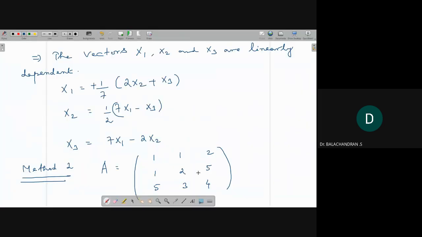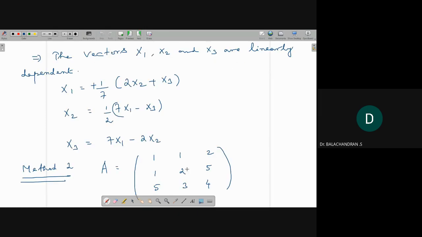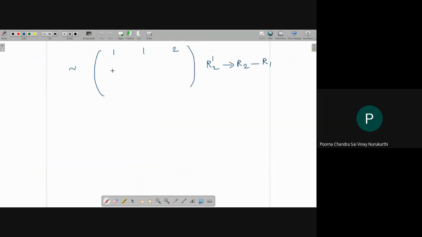For my convenience, I will write R2 dash here; I will tell you later why I am putting R2 dash. First row is 1, 1, 2. What is R2 minus R1? 0, 1, 3.